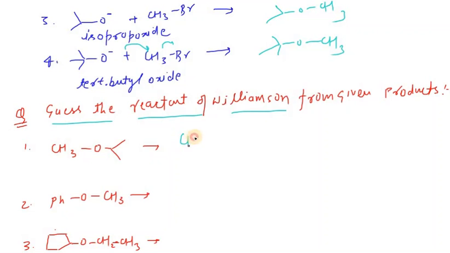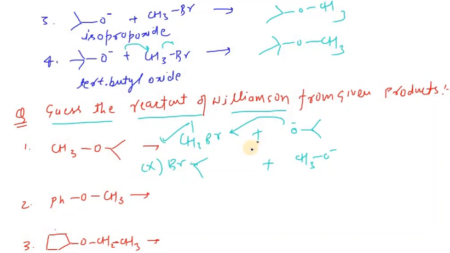It could be CH3Br and this should be alkoxide, or it is this type of bromide and it is CH3O minus. We know that this could easily go by SN2 mechanism. So this is our correct answer, and this is not the correct answer. It means preferable answer, because it easily goes by SN2 mechanism.